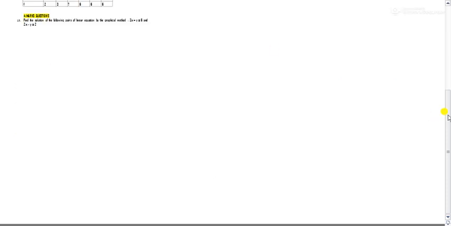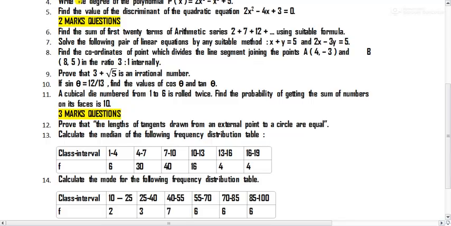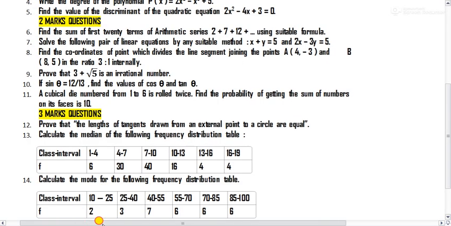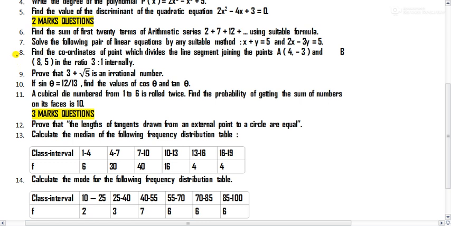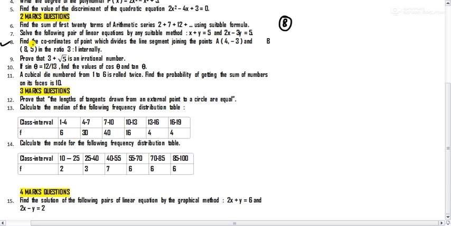Now coming to our next question. I'll solve this today and then we'll start the rest in our next class. So question number 8. What does it say?